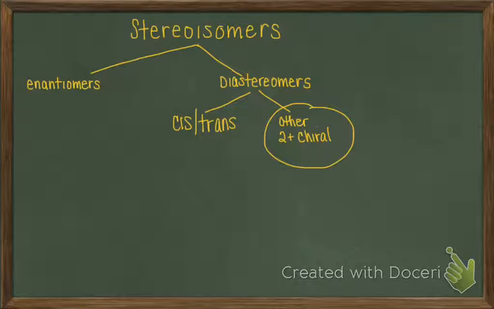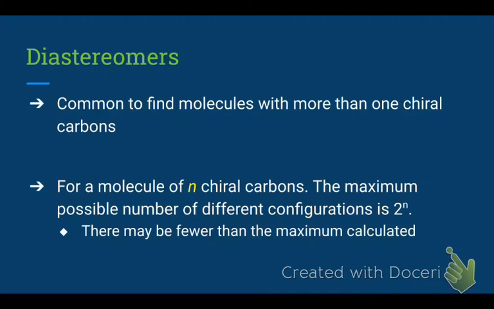So it's pretty common to find molecules that have two or more chiral centers or chiral carbons, and we can determine the number of possible configurations that they would have by a simple formula, and that simple formula is 2 to the n. And you can see that right here.